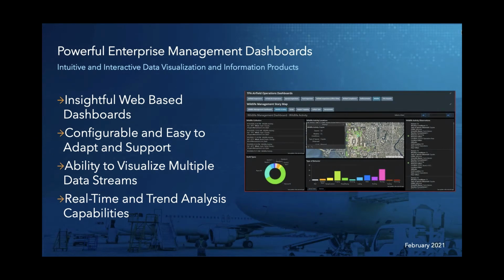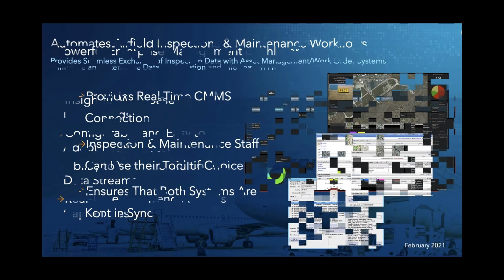The mobile app is supplemented by a real-time management dashboard. The dashboard is designed to provide airport managers and executives with an easy-to-use window into the current conditions on the airfield. It can easily be configured to present metrics that are important and relevant to each user. You're going to see that dashboard as well.